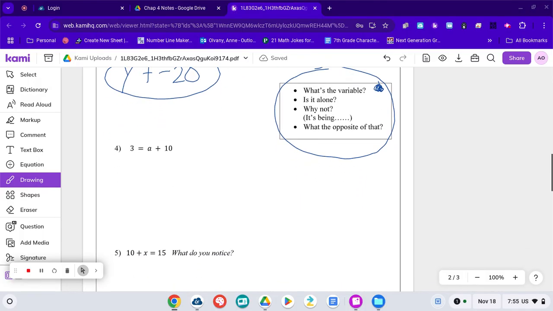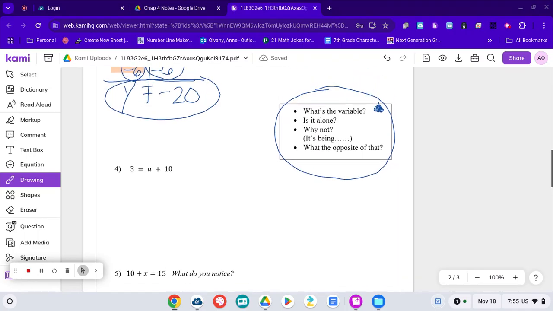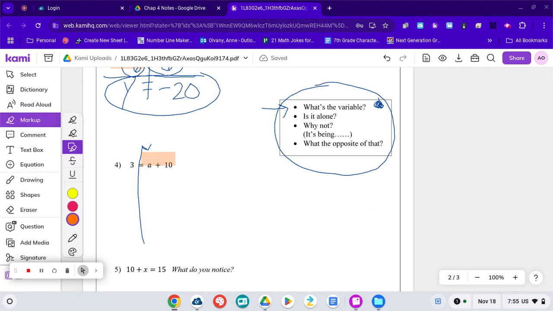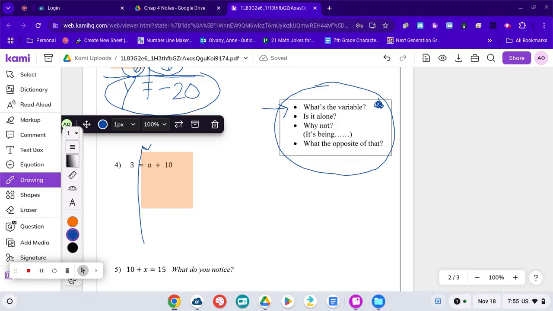All right, example 4. Again, we're going to think about splitting. What's our variable? It is a. Notice it's on the other side that it was in example 3. So we have to pay attention to that and always find our variable. Is that variable alone over here? It is not. So why not?